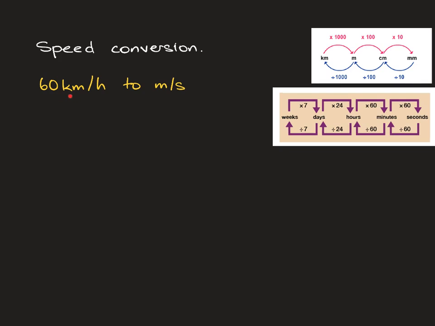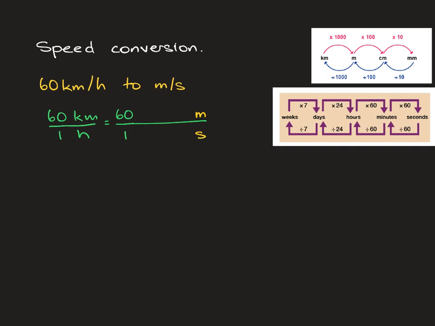you already know. So 60 kilometres per hour we can write as 60 kilometres per 1 hour. And then what I need to do is, if I want to convert 60 kilometres per hour to metres per second, I have 60 over 1, and I need to convert my kilometres to metres, and I need to convert my hour to seconds.